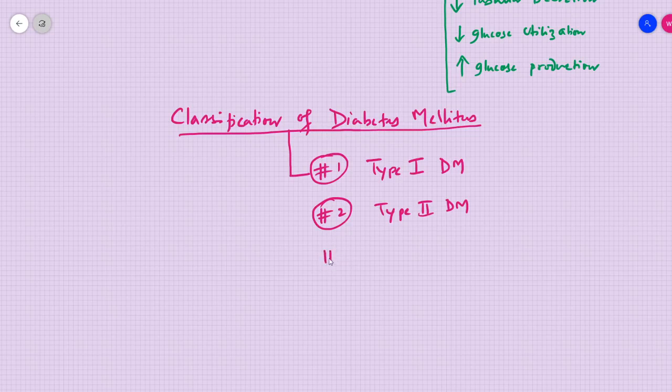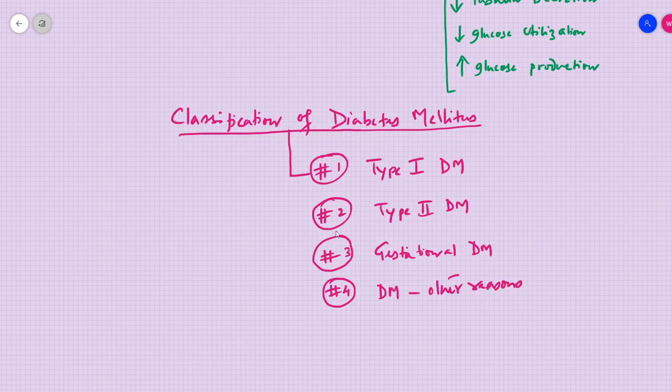The third type is called gestational diabetes mellitus, meaning the diabetes that is seen in pregnancy. And the diabetes that doesn't fall into these three categories, we categorize as the fourth category, which is diabetes mellitus due to other reasons.